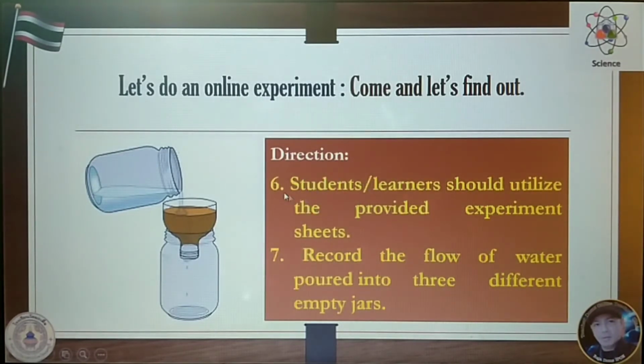Number 6, students, learners should utilize the provided experiment sheets. Number 7, record the flow of water poured into 3 different empty jars.